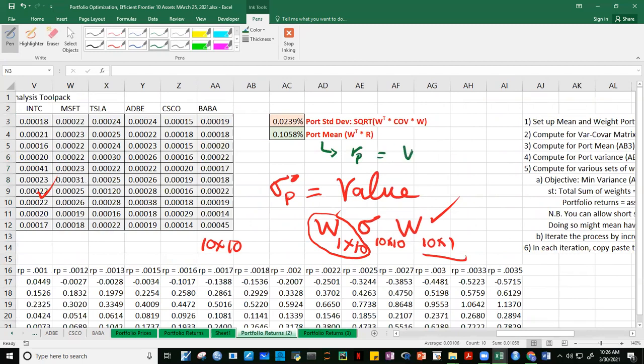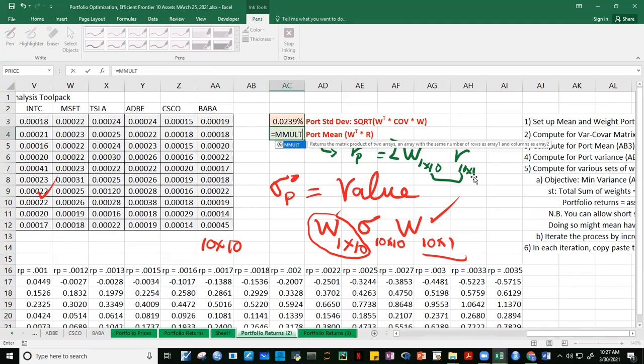So yung weight matrix natin should be 1 by 10, and then the returns matrix natin should be 10 by 1, para ma-multiply natin siya. So summation siya. So let's do that. So this will just be equal to matrix multiplication natin.